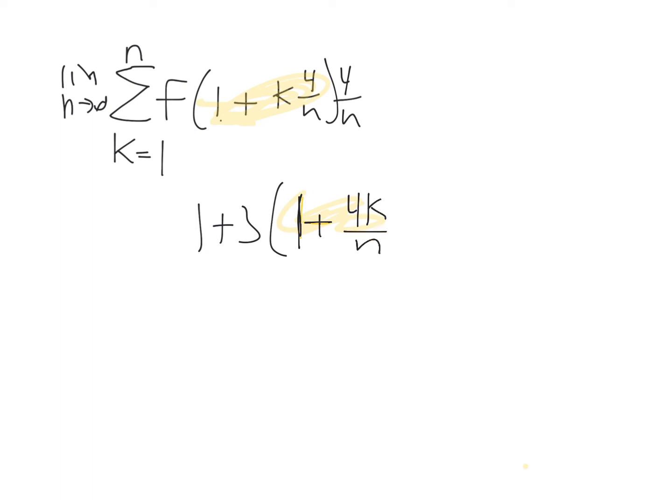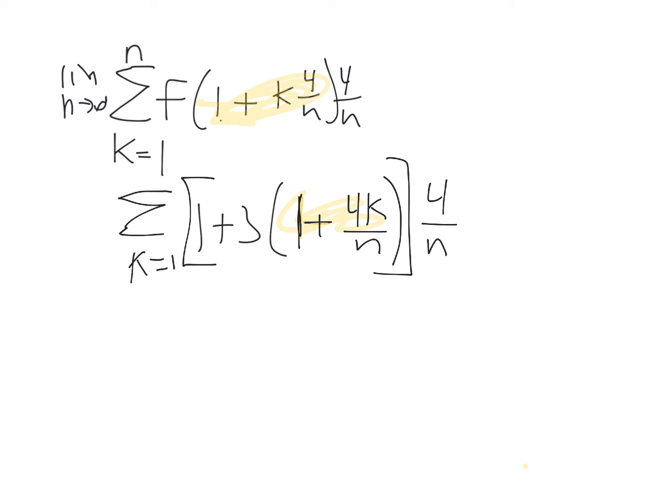Notice I did that multiplication. And then I'm going to multiply that by the width now. And then I probably need a bracket here. And then I'm going to find the sum of k equals 1 to n, and then we've got to say the limit as n goes to infinity. Now I think I've got that.